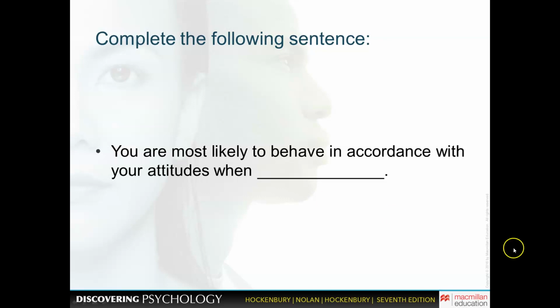Okay, and another answer is, well, we behave in accordance with our attitudes when they are based on direct experience, through repetition. Okay? Or we tend to behave in accordance with our attitudes when we are very knowledgeable about a certain subject.